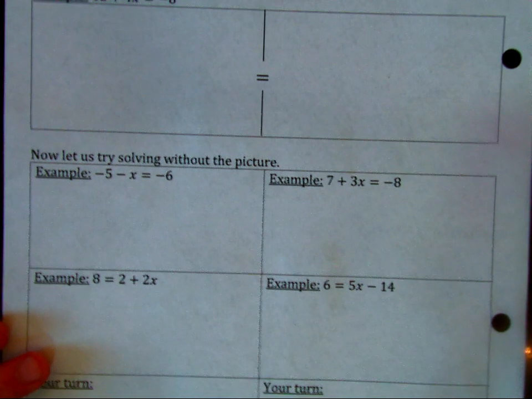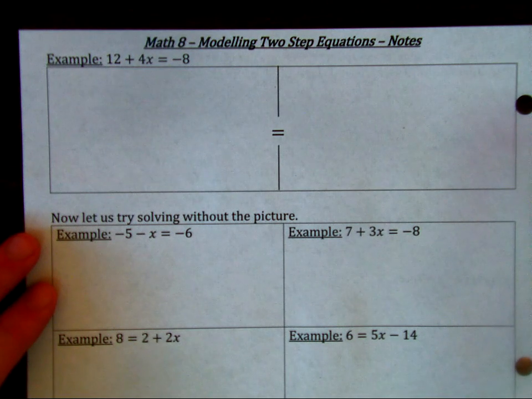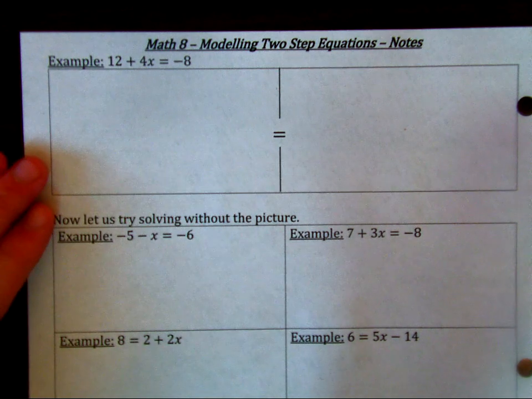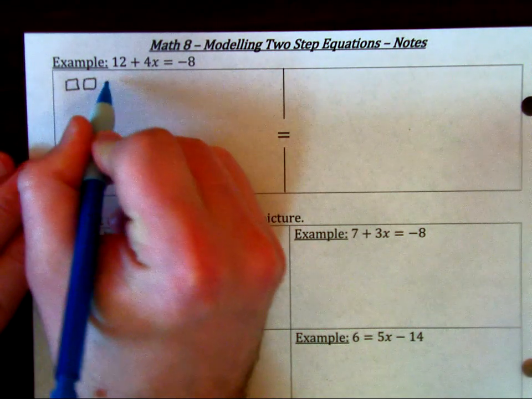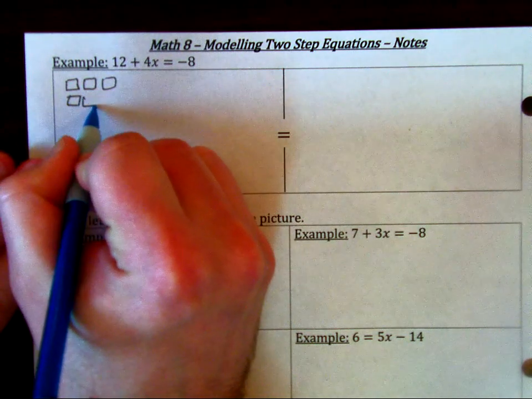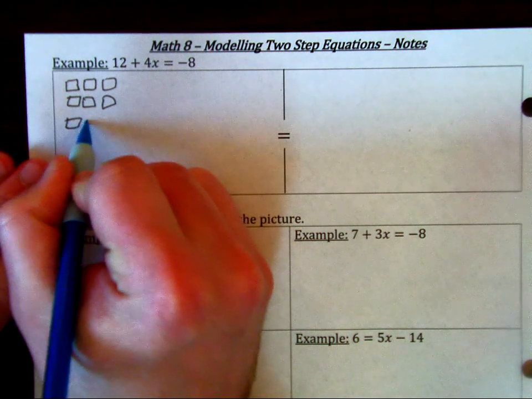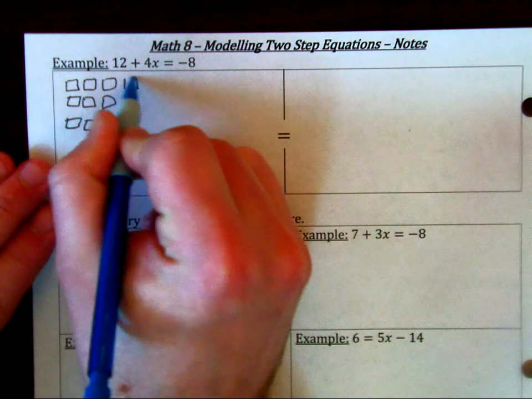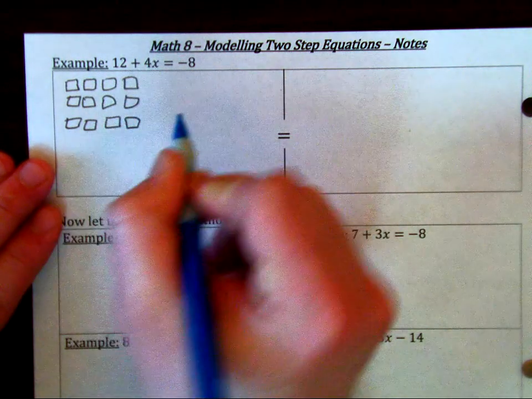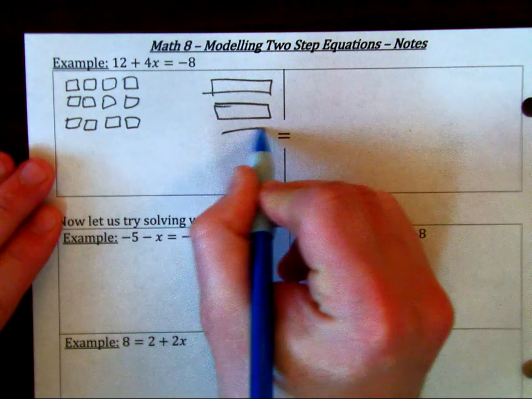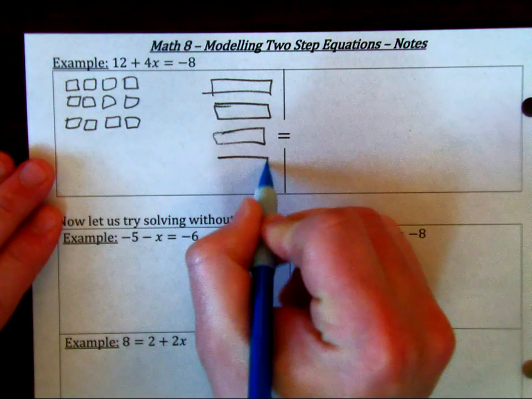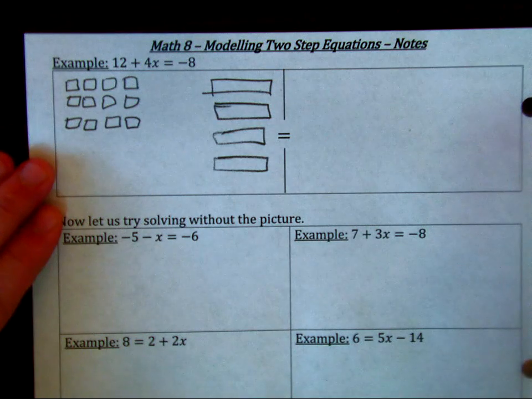Let's actually model one more time. I'm going to show 12 positives. I can draw this a little bit quicker. Kind of getting the hang of it. And then we have 4 positive x's. Again, we're still using that same key on the front, so if you need to draw it for yourself in the back, you certainly can.